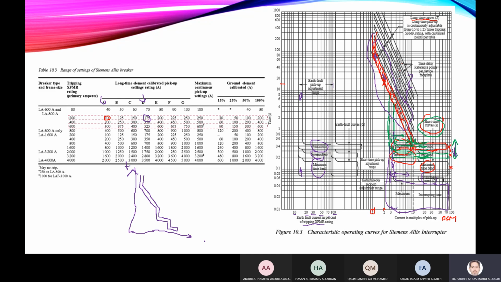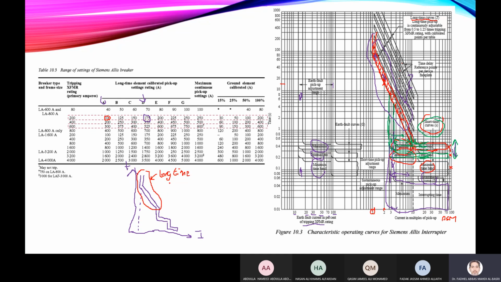This is the time versus current. Normally, this value is your pickup setting for the long time. So this is the long time element, they call it long time.